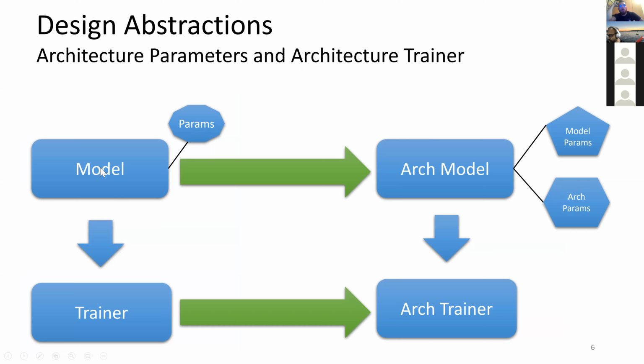So usually we have a model and we have parameters. For example, in PyTorch land, you might have something like this. Now what we are doing in Archai is we introduce the concept of an architecture model. An architecture model differentiates between two types of parameters. One is the model parameters, which are our usual weights and biases, and then there are the architecture parameters, which are alphas.